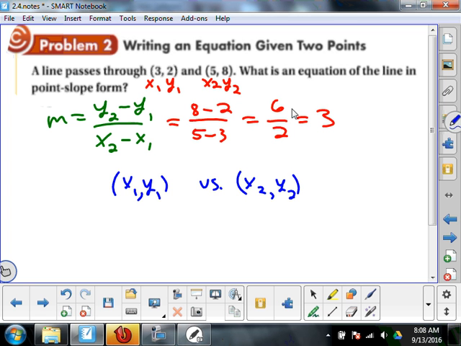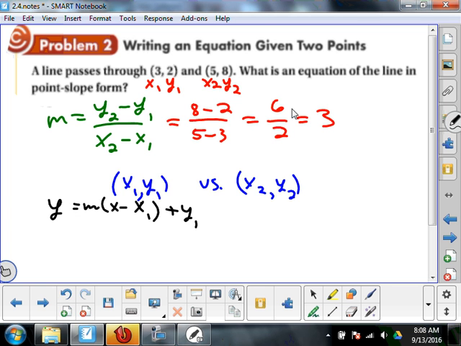So let's look at this. Let's try using the actual x1, y1. So point-slope plus was y minus y1 is m times x minus x1. Oh, no, it's not. We're doing point-slope plus, aren't we? So that's a plus y1 on the side.